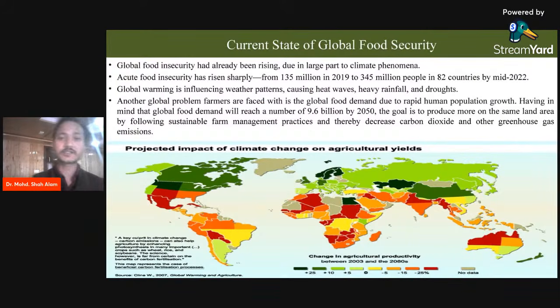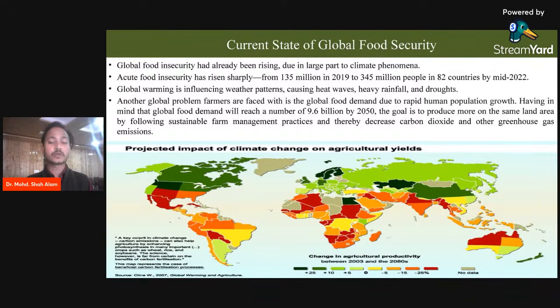Next, the current state of global food security. The current state of global food security has already been worsening, due in large part to climate phenomena. Acute food insecurity has risen sharply from 135 million in 2019 to 345 million people in 82 countries by mid 2022.